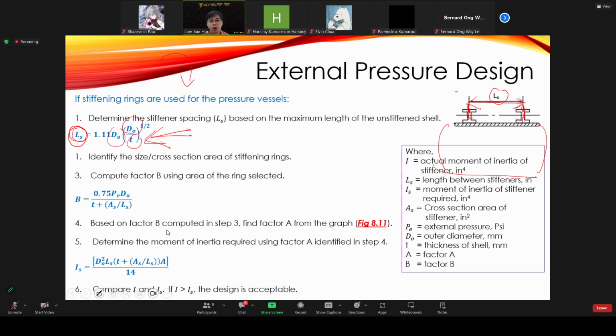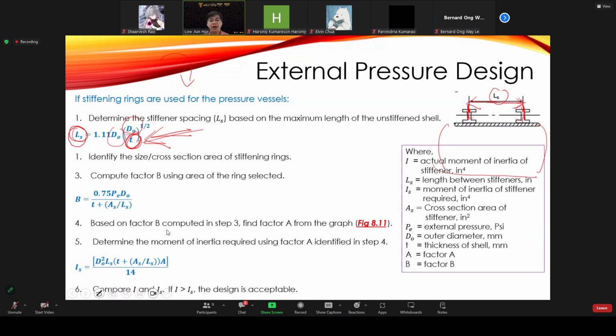Then of course, what is our thickness? We need to come up with an assumption. We need to assume a thickness for the calculation, because we don't know the thickness, and we will check again later. Meaning we are going to apply the trial and error method to determine the thickness.